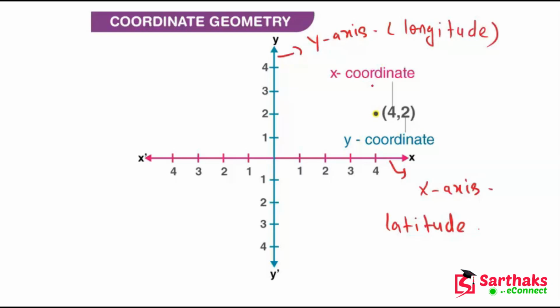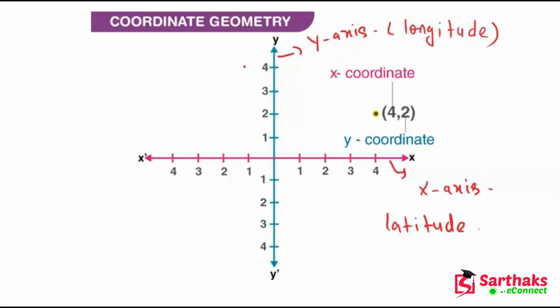I hope you understand these things. So this is the x-axis and this is the y-axis, and the whole system is called the coordinate plane, or Cartesian plane.